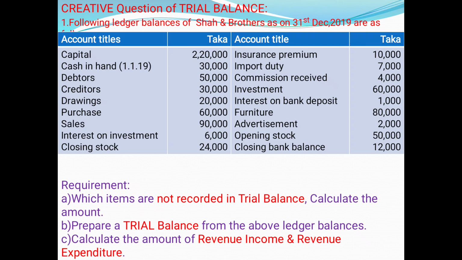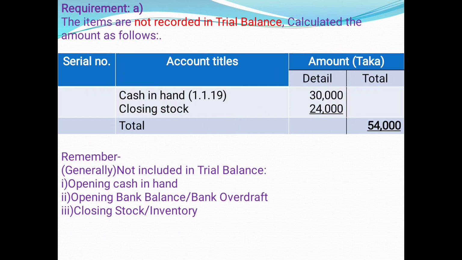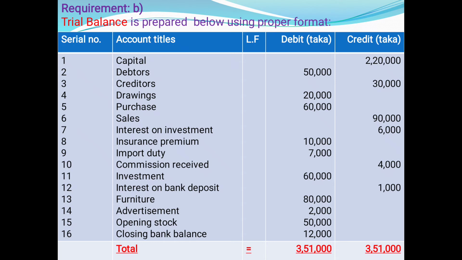Dear students, from the first lecture, you have seen totally 5 columns to be used for preparing a trial balance format. I can show the proper format of trial balance. Requirement B, trial balance is prepared below using proper format.